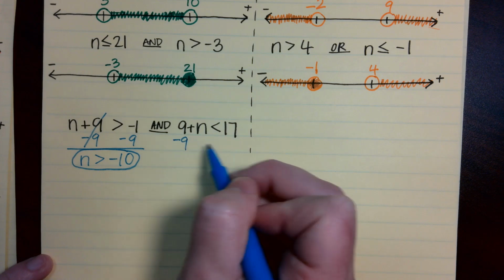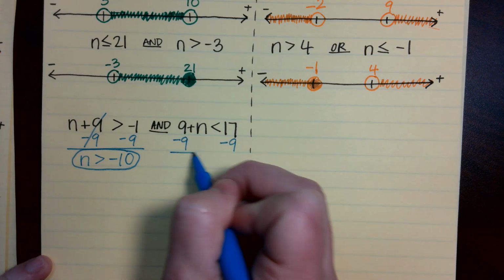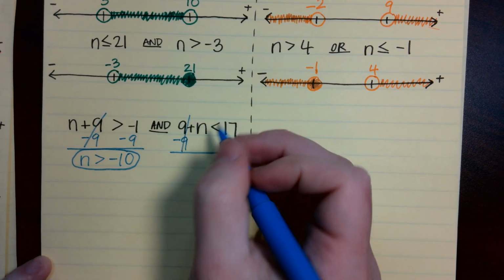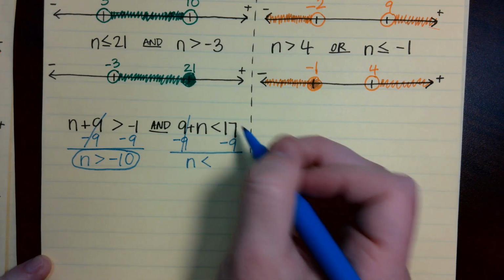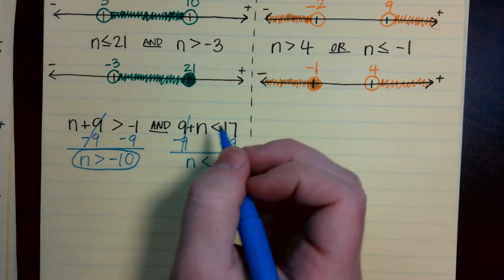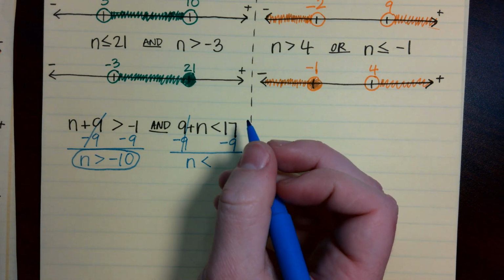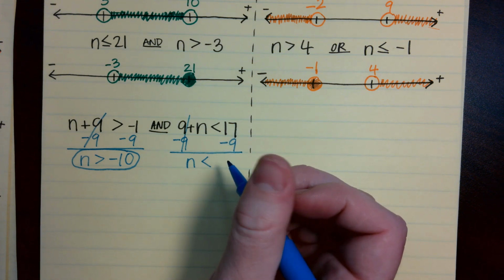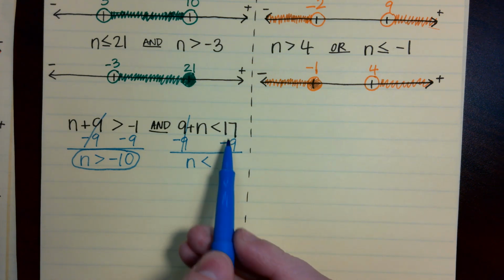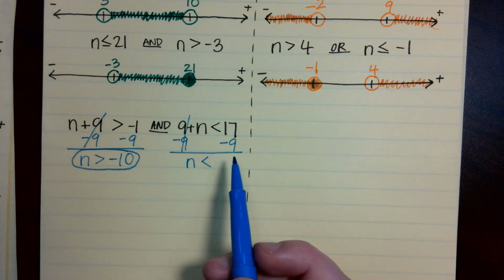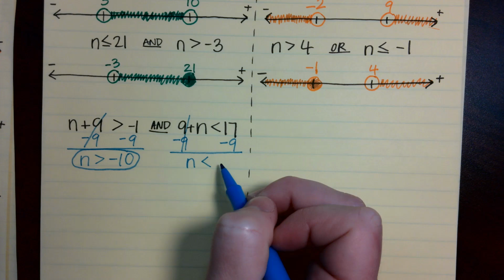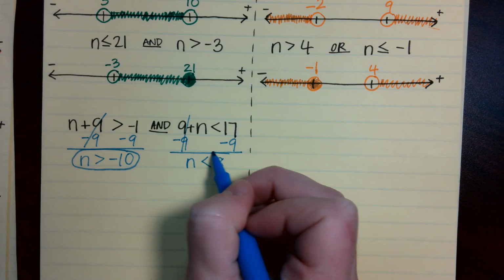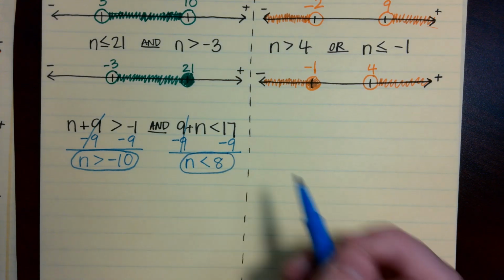We're going to subtract from both sides. And I'd be left with n is less than what? Say it again. 26? 17 minus 9, not plus. That's all right. What's that going to give us? 8. Good.